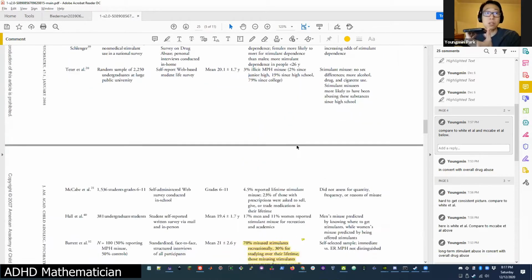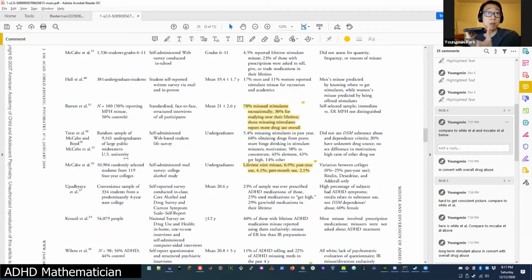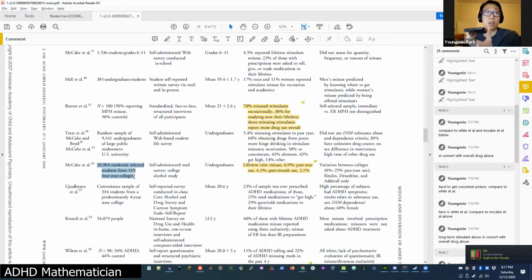And if we compare this to McCabe et al., they had a study with almost 11,000 randomly selected students from 119 four-year colleges. So just incredible diversity.